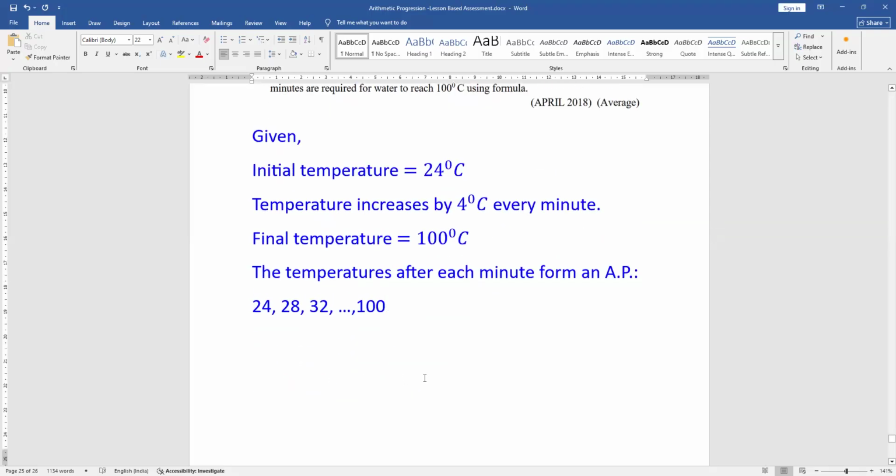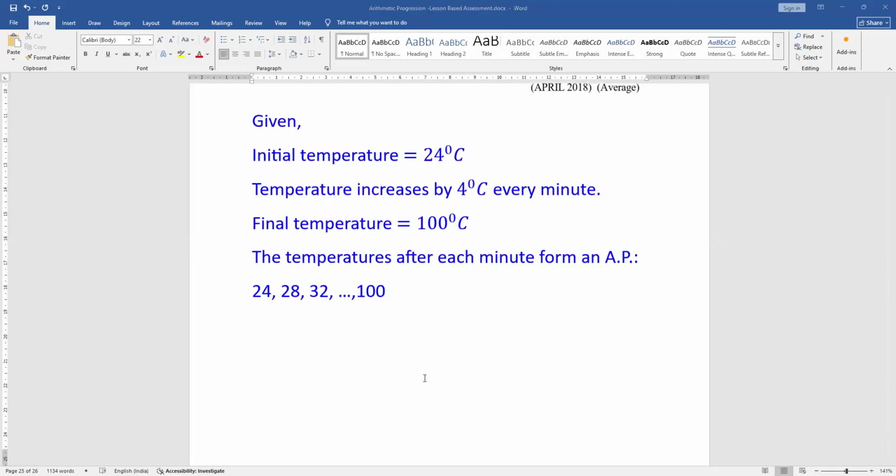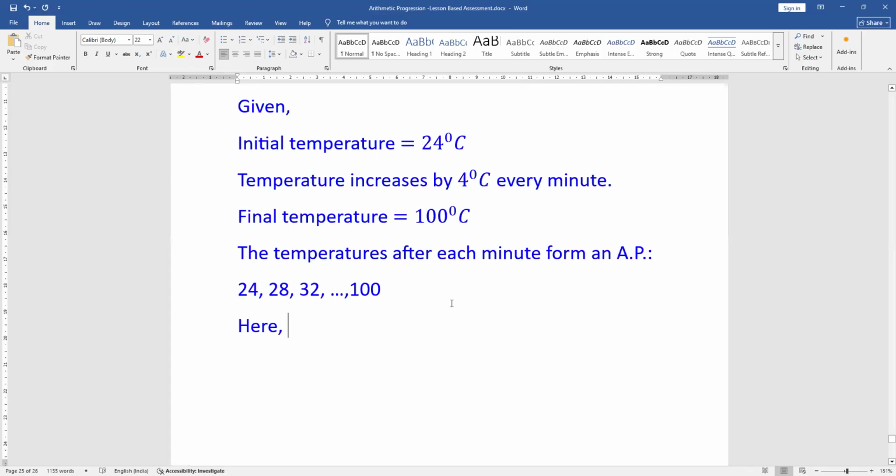Okay. So for that, as I told you, this is an AP, correct? So now we shall note down what other information we can get here. Okay, here. What is a equal to? The first term is 24.